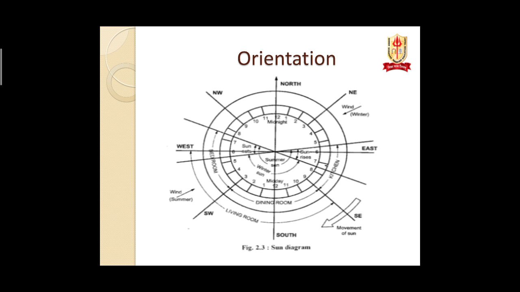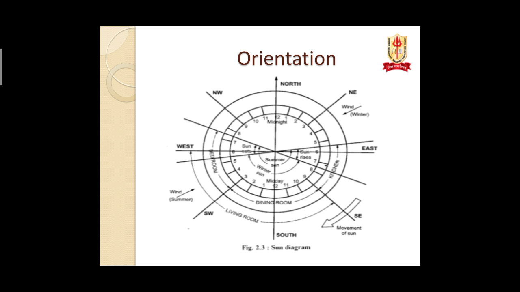For example, you can see in the diagram that the bedroom is in the west to south zone, and the living room is in the southwest to west to southeast.